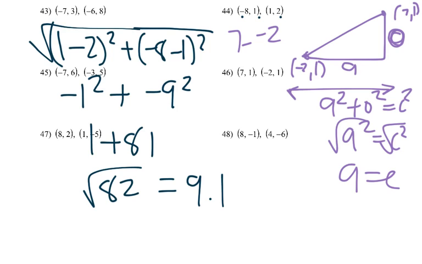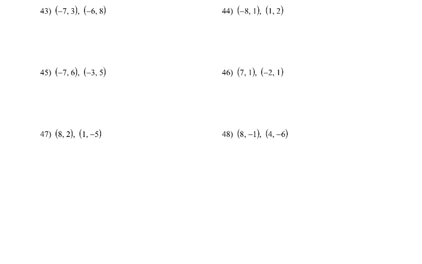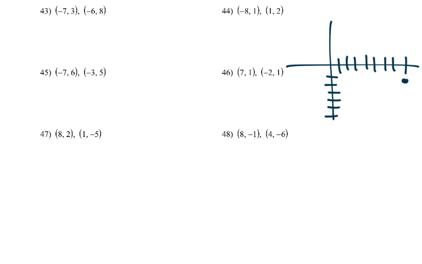Okay, let's try 48. Would hopefully work a little better. So, if I think about this graphically, to have this point 8, negative 1, and 4, negative 6. So if I think of that as a triangle, negative 1 minus negative 6, that'd be like plus, give me a distance there of 5. 8 minus 4, give me a distance of 4.